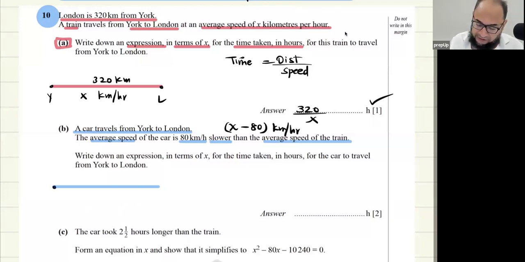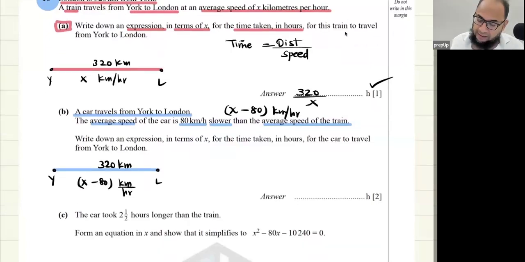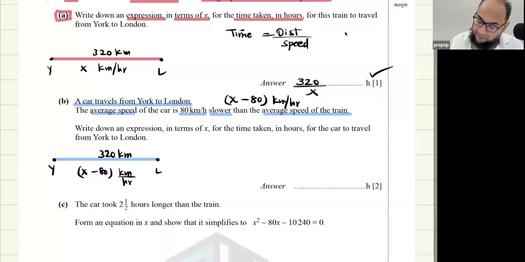So this is York, this is London, this is 320 kilometers, this is x minus 80 kilometers per hour, and then again an expression for the time taken, and this is for the car. So this is the train and this is the car. So this is 320 over x minus 80.